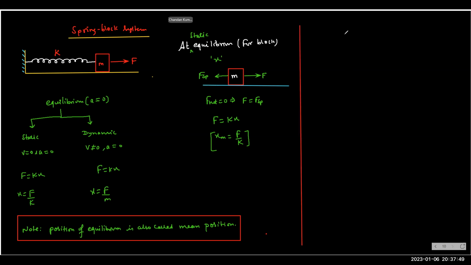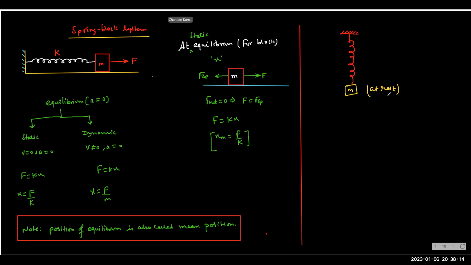Sometimes we can use the spring with something hanging. So let's say you have a spring and you have hung a mass and it is at rest. So when something is at rest, then it is definitely at static equilibrium, right?